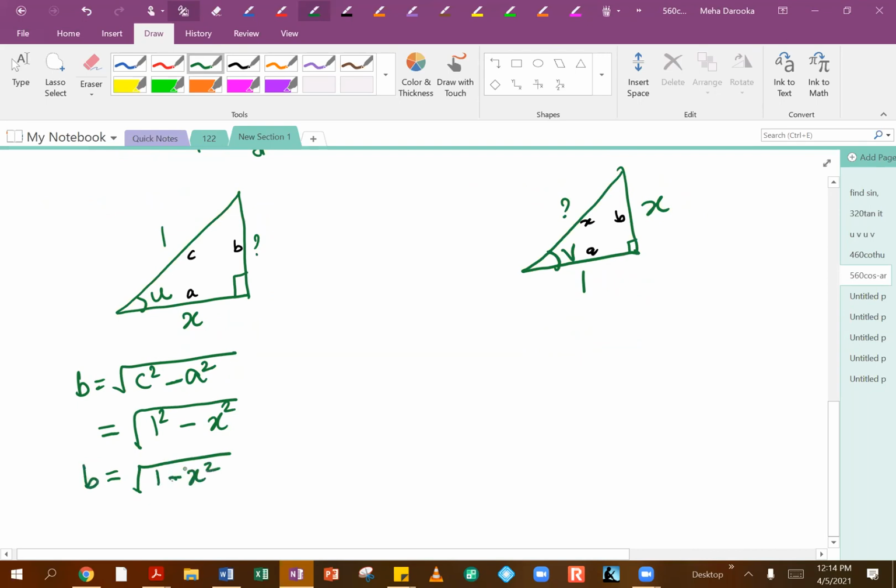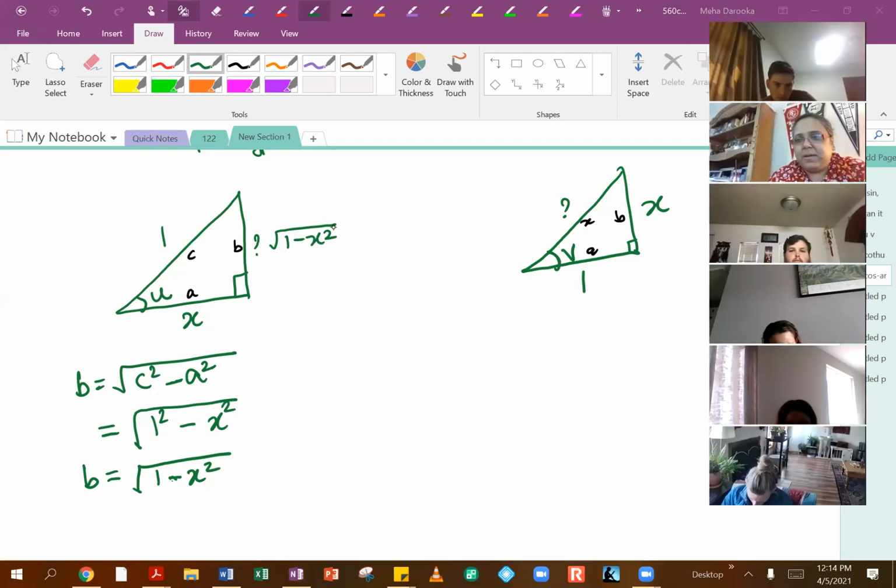We are not able to get rid of that square root. So this side is going to be square root of 1 minus x squared. Not a happy number, but that's what your answer comes out to be. So we've got to keep it. Do we see that, guys? Yeah.